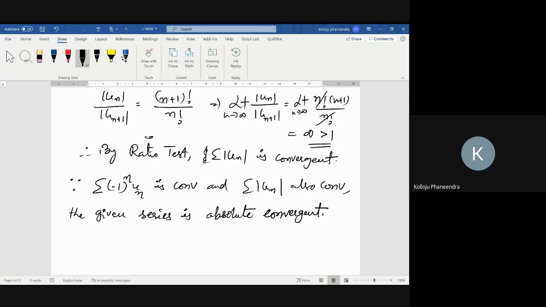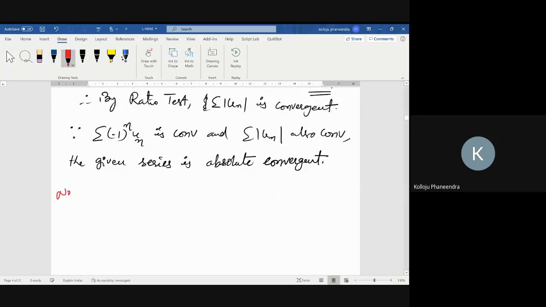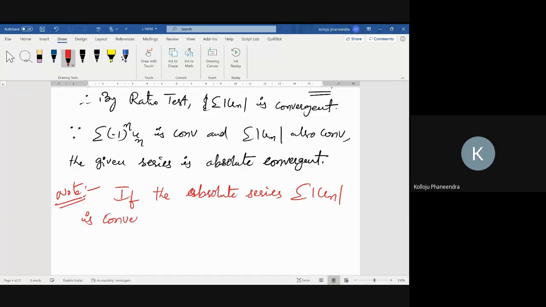This is one model. And one more important point here. The note is: if the absolute series sigma mod un is convergent, then the alternate series is also convergent.